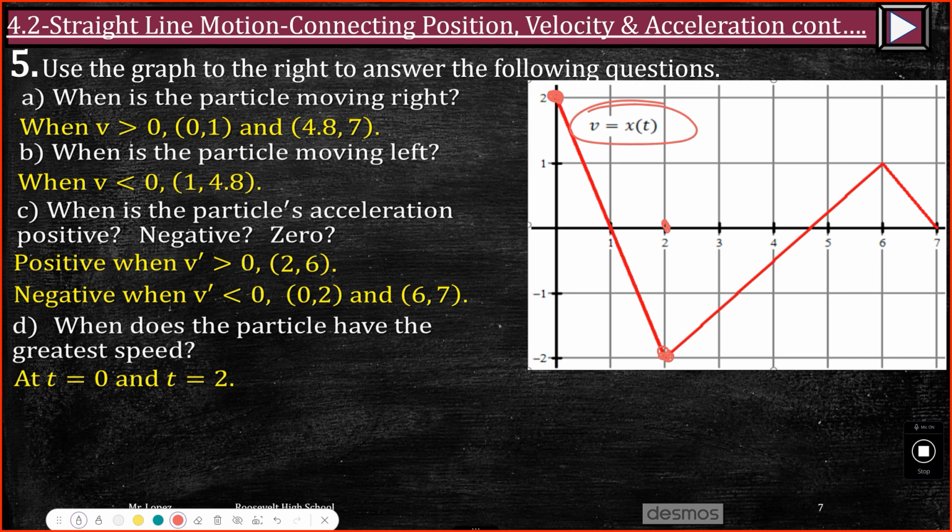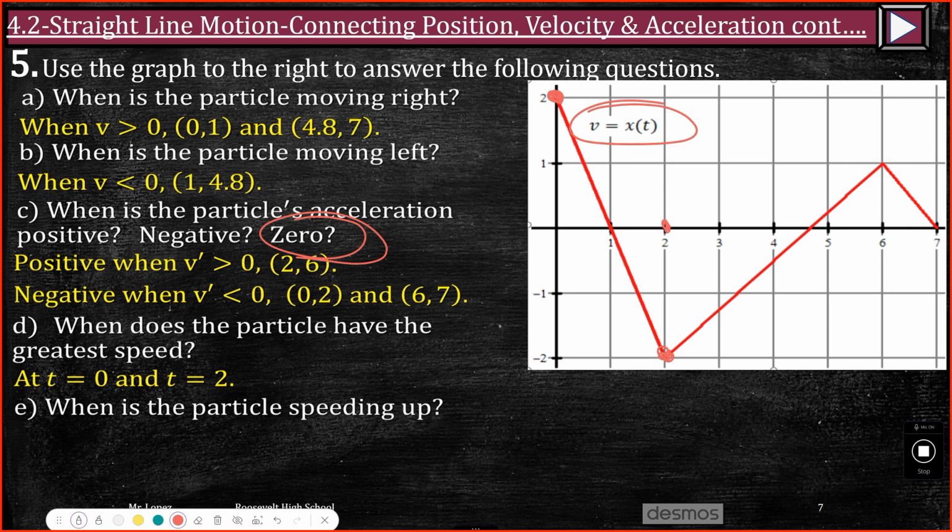This one is still a bit of a lingering question on the 0 here. All right, let's move on though. E. When is the particle speeding up? Didn't we already talk about that on Monday?